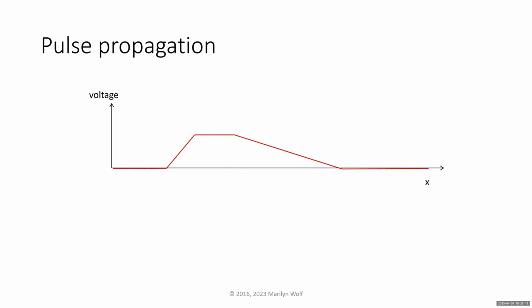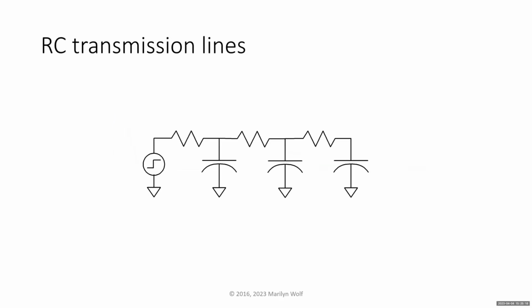Why does that happen? Well, let's go back for a moment to the transmission line model. That happens because there is resistance and capacitance along the entire length of the wire. It's not just an ideal connector that's connected to some capacitance at the end.